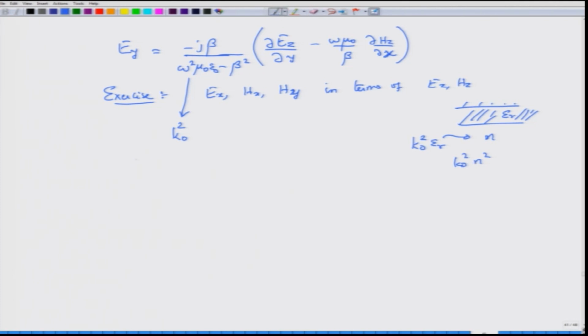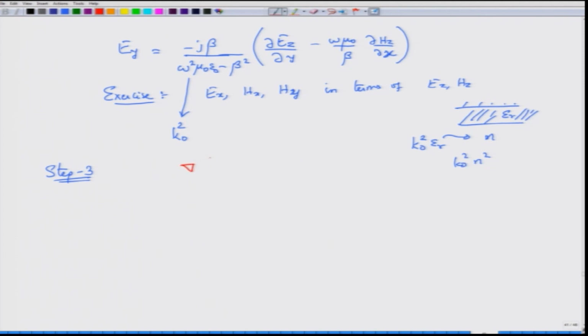So, you can simplify these expressions by removing omega square mu naught epsilon naught and writing this as k0 square. Now, step 3 is that we need a wave equation for Ez, and the wave equation we have already derived earlier in one of the introductory classes. Let me just write down the final expression which you are already familiar with.